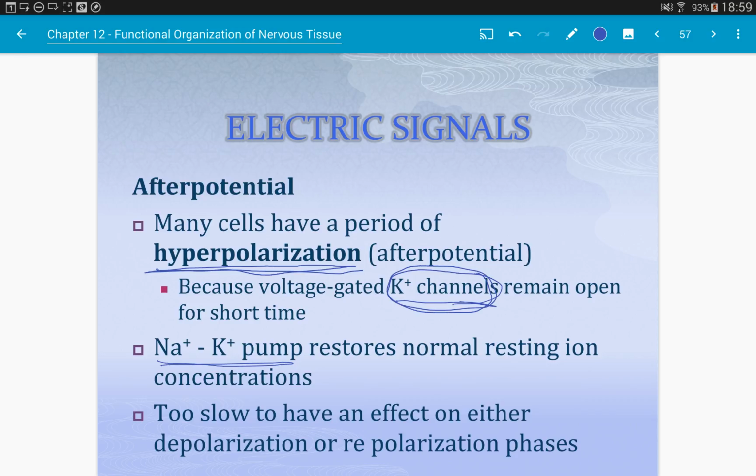Pumps out 3 sodium ions for how many? Yes, for 2 potassium that go in. So every 3 sodium that goes out, you have 2 potassium that goes in. So you have a net positive charge being pumped to the outside. And that also helps establish a nice steep concentration gradient for the sodium ions.